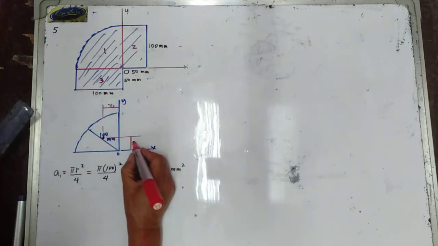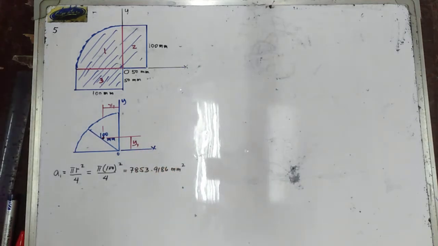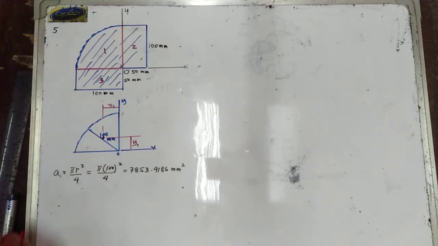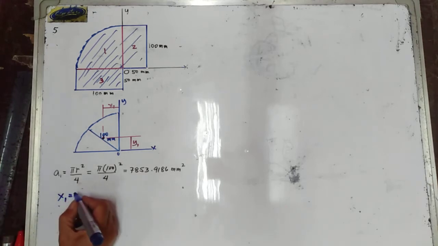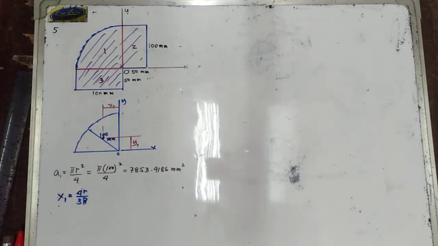So your x sub 1 is now equal to 4r all over 3 pi from the table of your centroids.